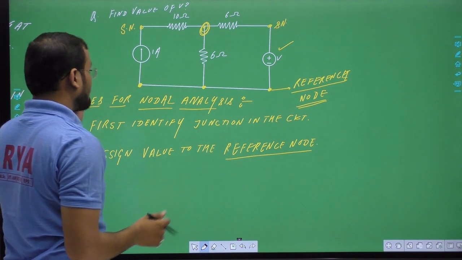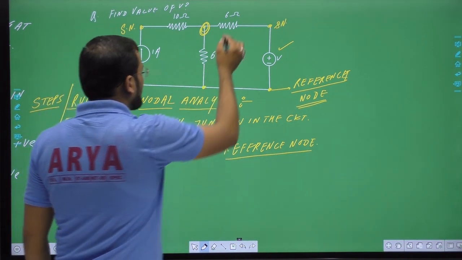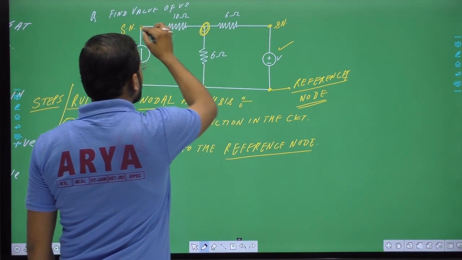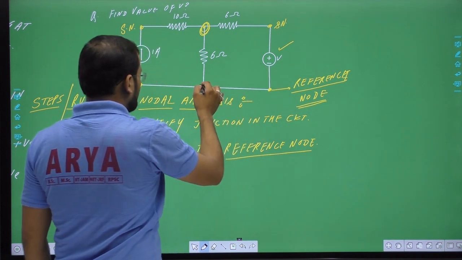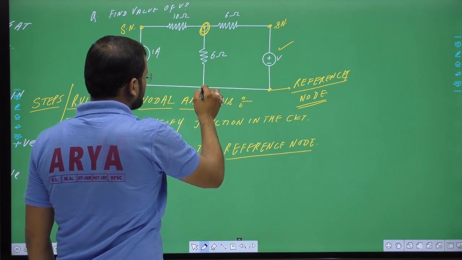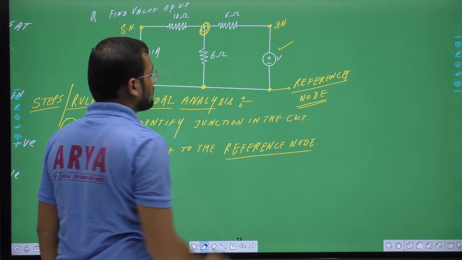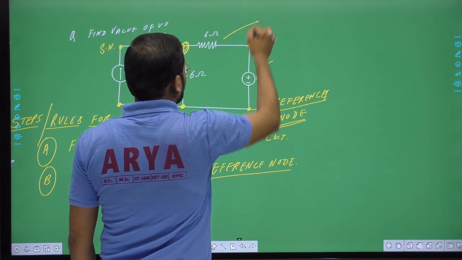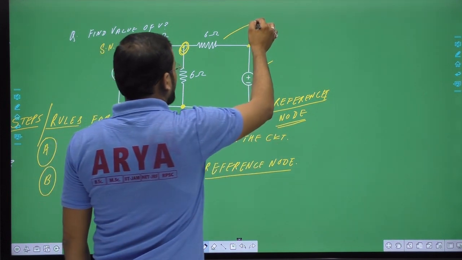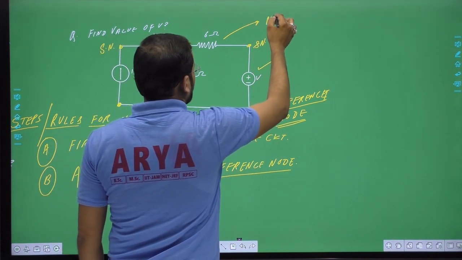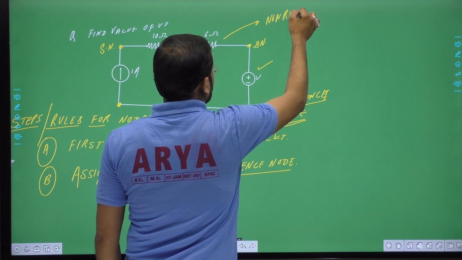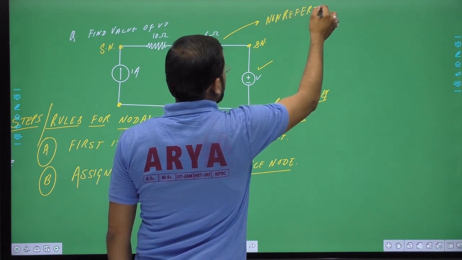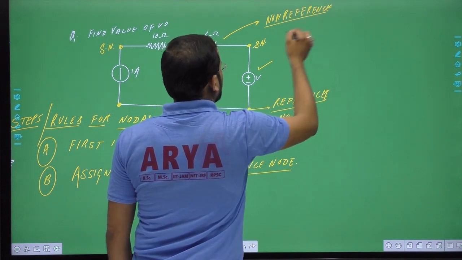Then the value of the voltage at all other nodes will be with respect to this reference node, and all other nodes are known as non-reference nodes.